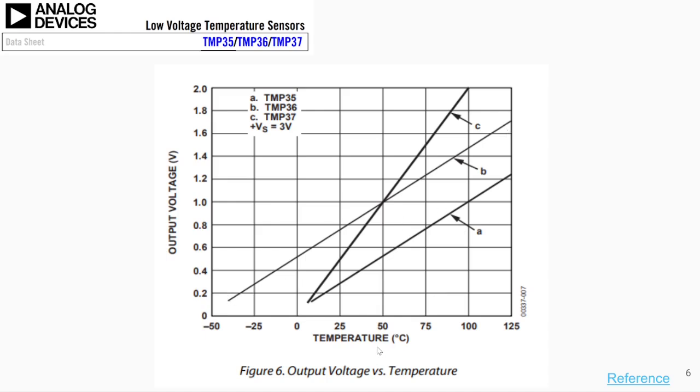These ICs have a linear relationship between temperature and the output voltage. Line A is for the TMP35, line B is for the TMP36, which we will use in our experiment, and line C is the TMP37, with a supply voltage of 3 volts. As you can see, the datasheet gives us immensely important information related to the sensor.